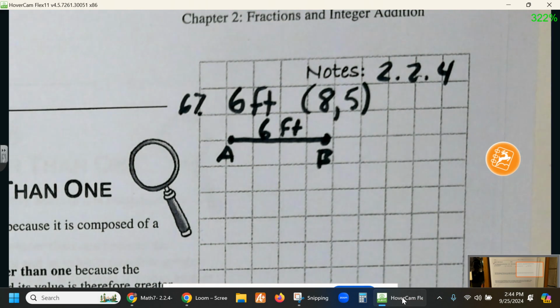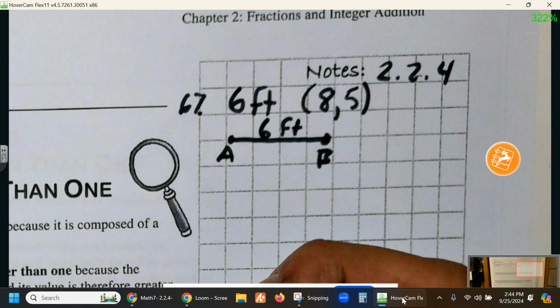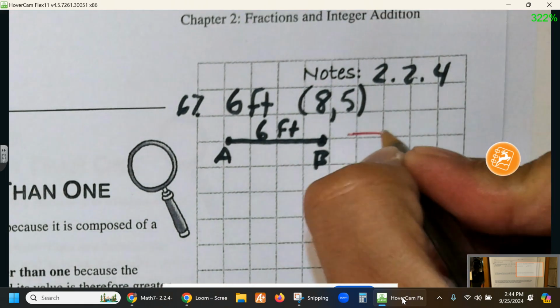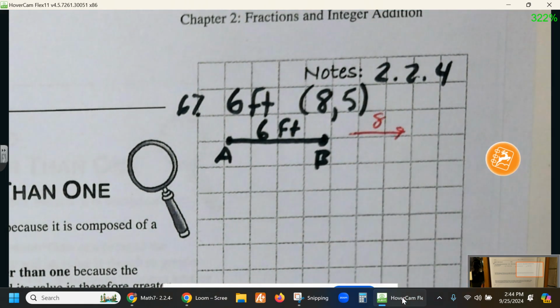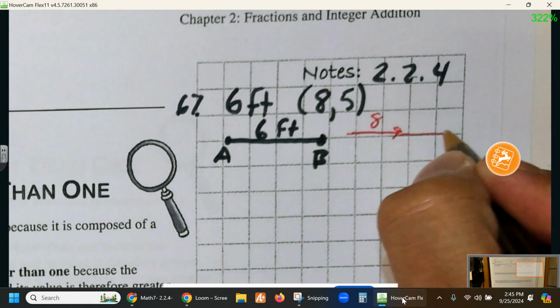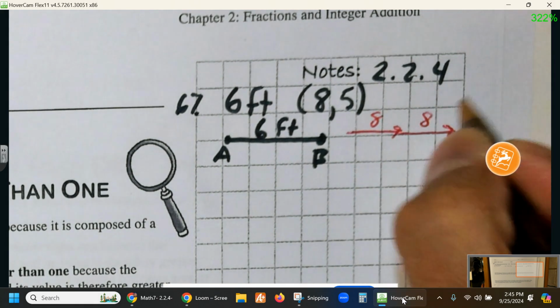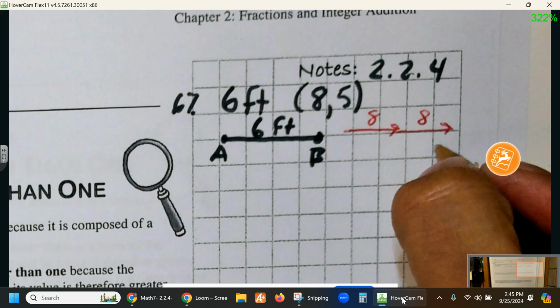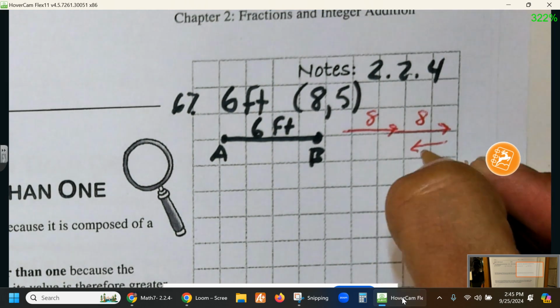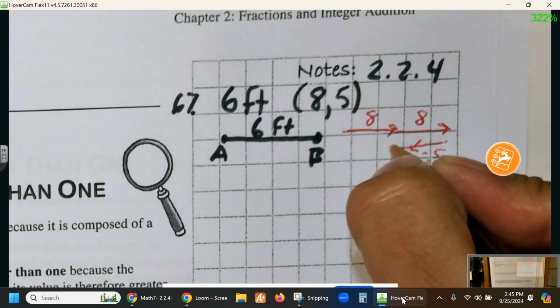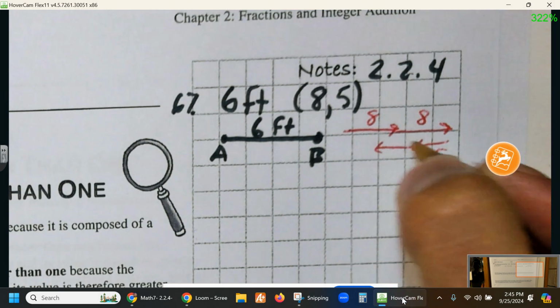All right, so one possible answer is we can go 8 feet this way, and then 8 feet this way, and then we go 5 feet this way, and 5 feet this way.